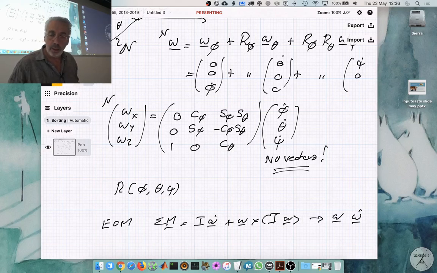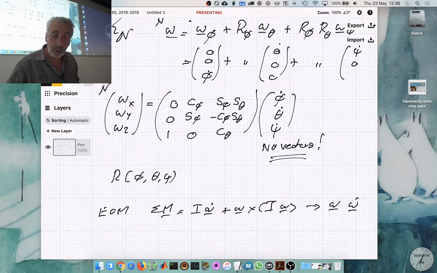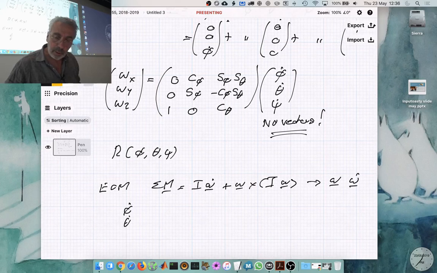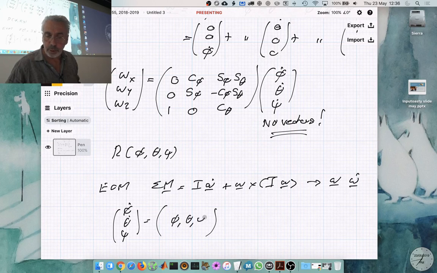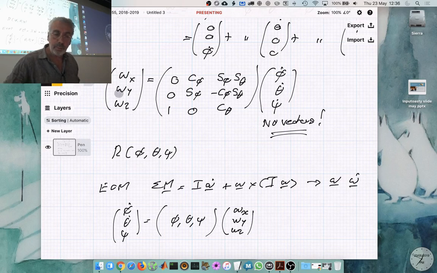So we have to find a way to update our Euler angles. And how do we do that? Well, we need a differential equation. So we need to know what our time derivatives are, as a function of these angles, phi, theta, and psi, times these omegas, omega x, omega y, omega z. And that is actually given by this one.